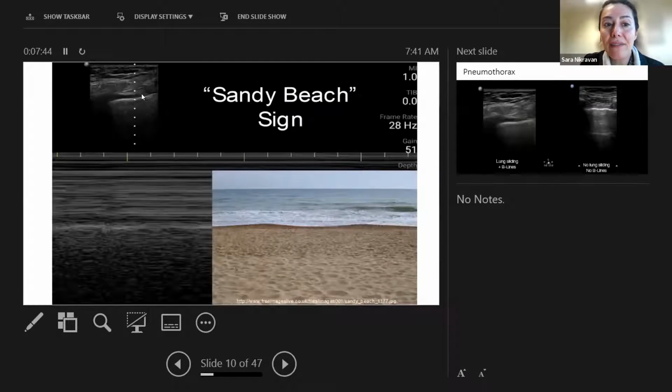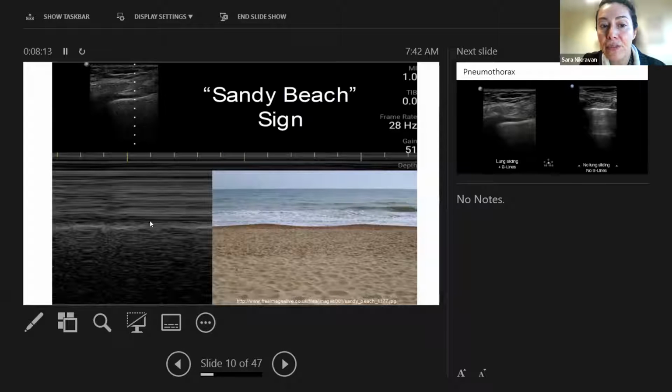Now, when you evaluate this with M mode, what's called motion mode, you put it on that pleural line, and motion mode picks up motion in ultrasound. When we put M mode across that pleural line, we see the bright pleural line here, and we see a bunch of stasis, which is the chest wall that isn't moving.